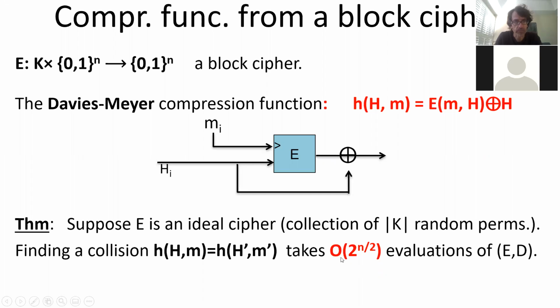This should be omega, actually, not O. And this is the best possible, because we already argued that the output space here is n bits long, so this is also the upper bound: if you have n bits, there's a generic attack that takes this long. What Davies-Meyer showed is that that's the best attack. If this is an ideal cipher, there are no faster attacks.